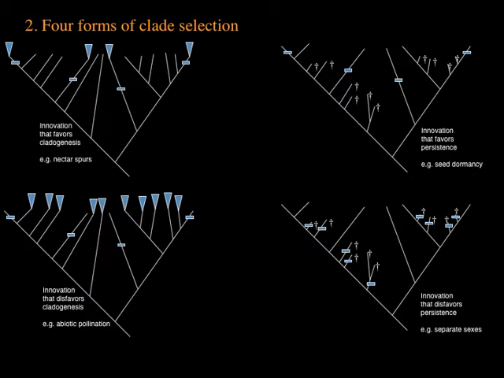All right, now all of these forms of clade selection are ways in which a feature that is more or less constant throughout a clade then affects its probability of going extinct or changing into a lot more species.